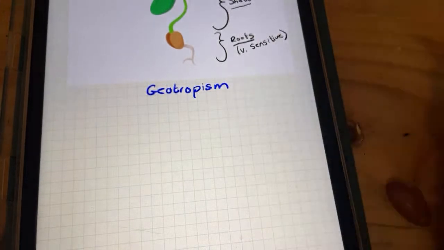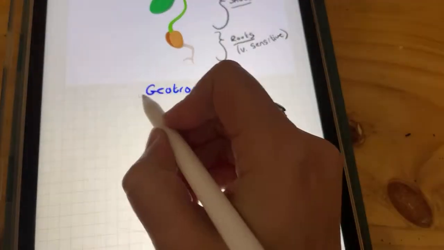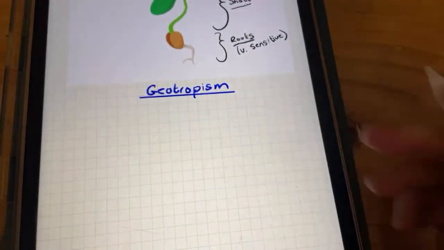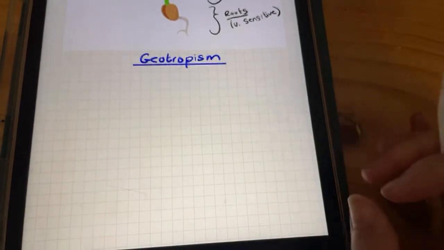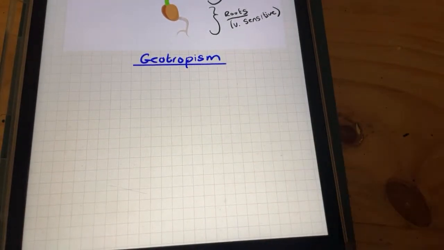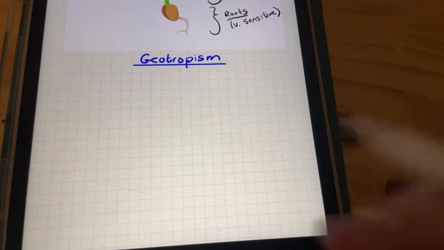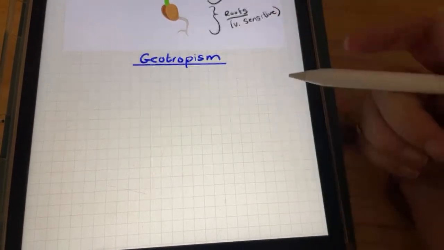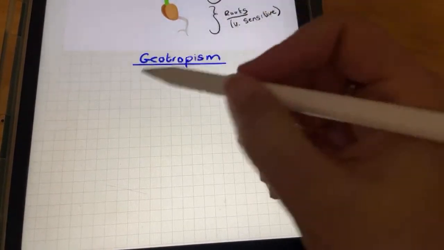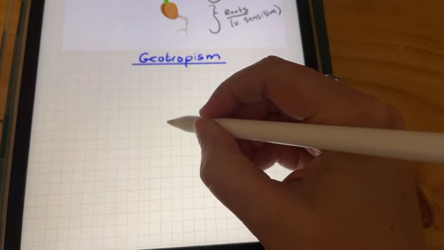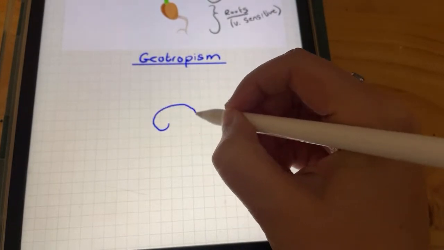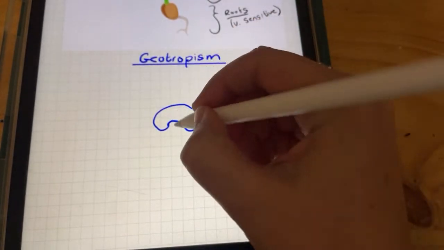Right? And geotropism is when plants respond to gravity. Now, the thing is, roots respond differently to tropisms than shoots do. In other words, there's a different reaction. So I'm going to draw you a seed, because that's the most common way they show this.